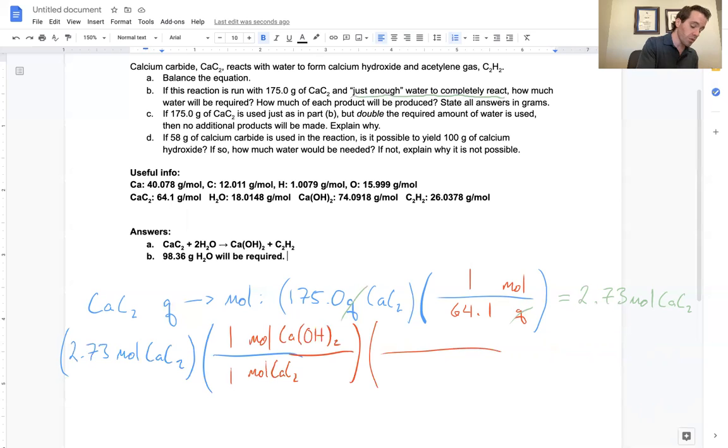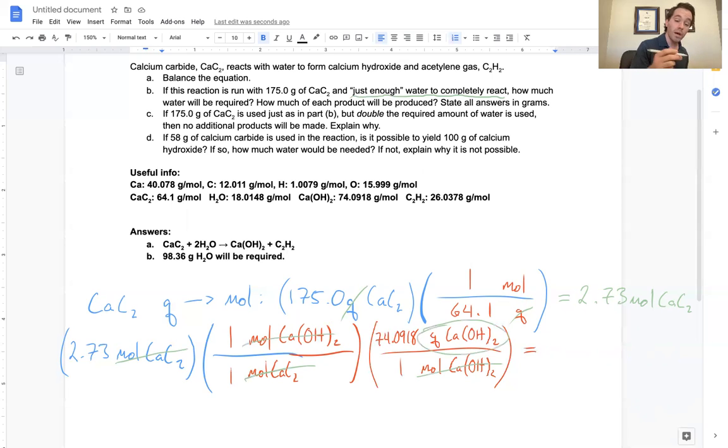I'm even going to really go for the gold and turn this all the way into grams in a single calculation. Yes, you can do this. Moles of calcium hydroxide on the bottom, and then grams of calcium hydroxide on the top. I know that 1 mole of calcium hydroxide is the same as 74.0918 grams. And this is multiplication now. I know that moles of calcium carbide go away, and now moles of calcium hydroxide go away, meaning that the unit is what I want.